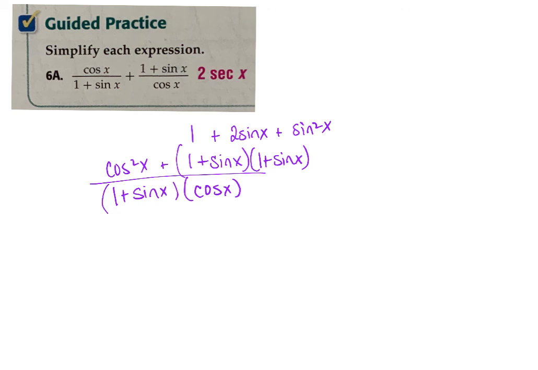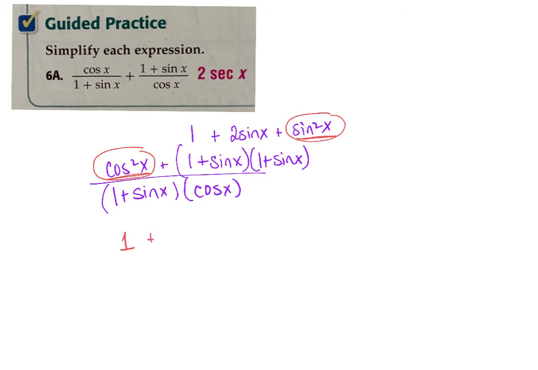So when I combine these, cosine squared plus sine squared equals what? Or sine squared plus cosine squared? It's just 1. So cosine squared plus sine squared can be replaced with just 1.